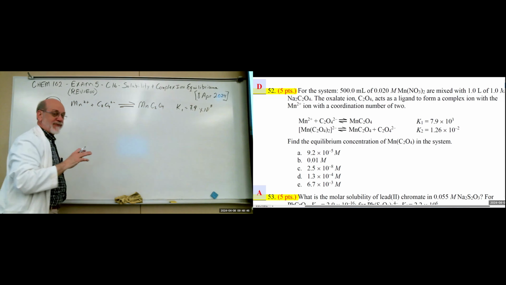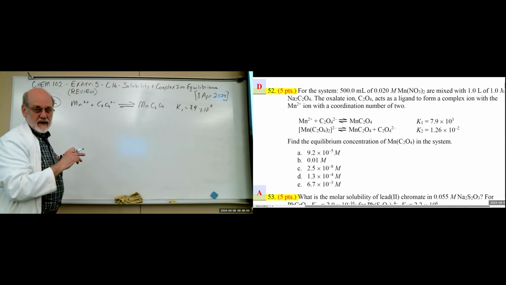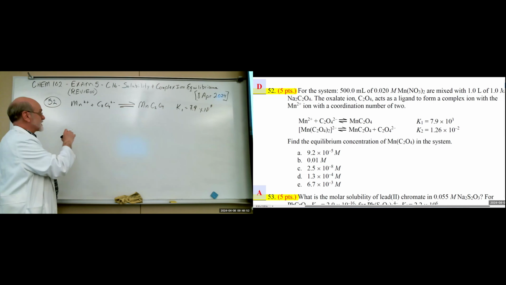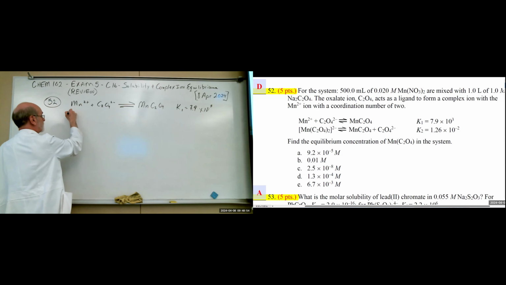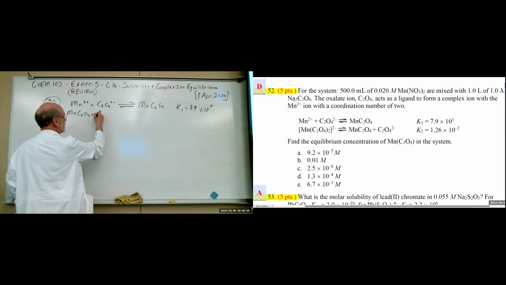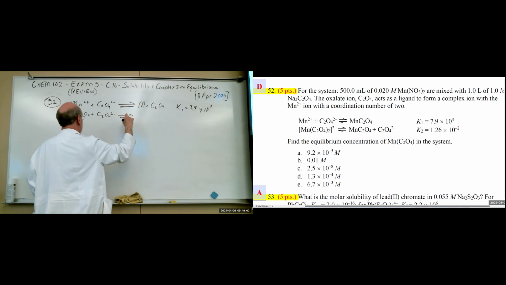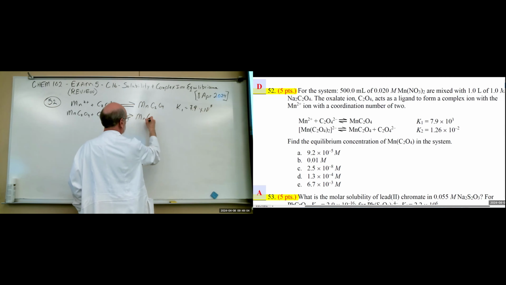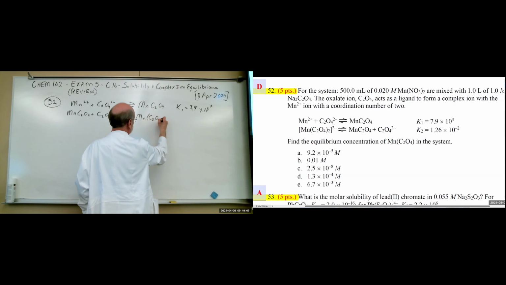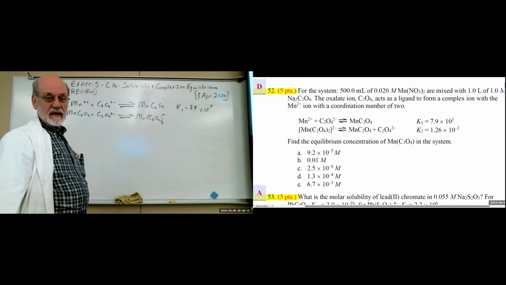And the other one is backwards. So I'm going to flip it before I even put it up here. I'm going to put the products on the reactant side. I'm going to take that one. Then we're going to add another. And now we get 2 of these. Yep.